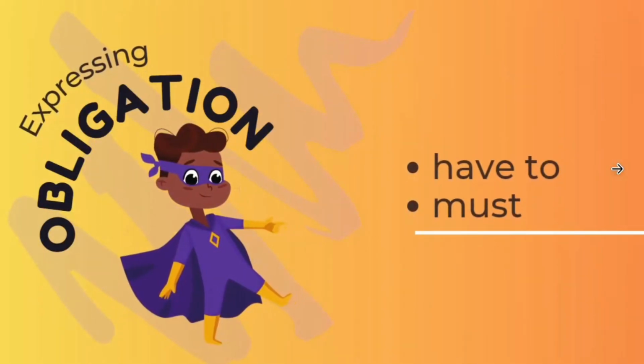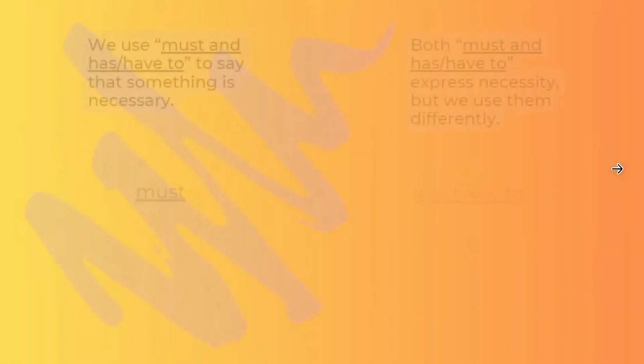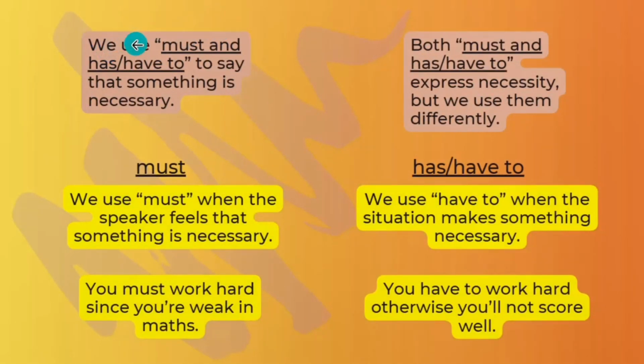The next one is expressing obligation. Or you can say if we are talking about necessity, right? So we can use have to or must. For example, we use must and has or have to say that something is necessary. Both must and has have to express necessity, but we use them differently.